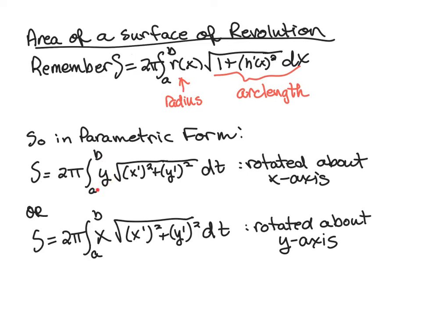This is the formula, the parametric form of y. So this is a function of t. So are these derivatives. If we're rotating about the y-axis, our radius is x. So you practice doing arc length, and then to do surface area, you just have a 2 pi and either the x or the y, depending on which direction you're rotating.